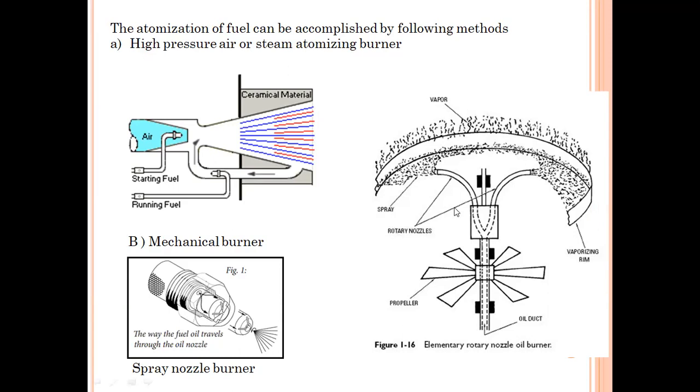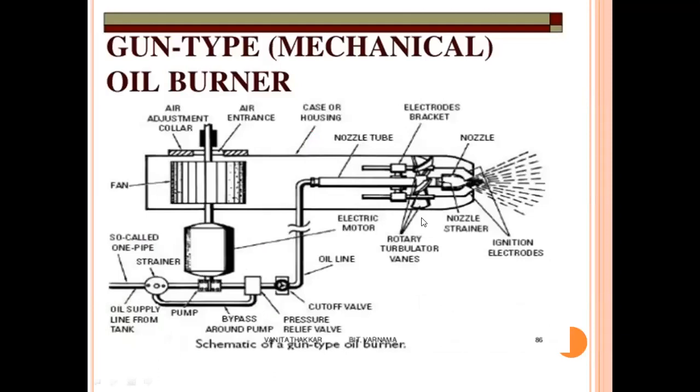Elementary rotary nozzle oil burner. This is a gun type mechanical oil burner. See in this diagram, we can see here a schematic of a gun type oil burner: air adjustment, air entrance, case, oil housing, electrode bracket, nozzle tube, nozzle, fan, one pipe strainer, oil supply line from tank to pump, bypass around pump, pressure relief valve, cutoff valve, rotary turbulator vents, nozzle strainer, ignition electrode.